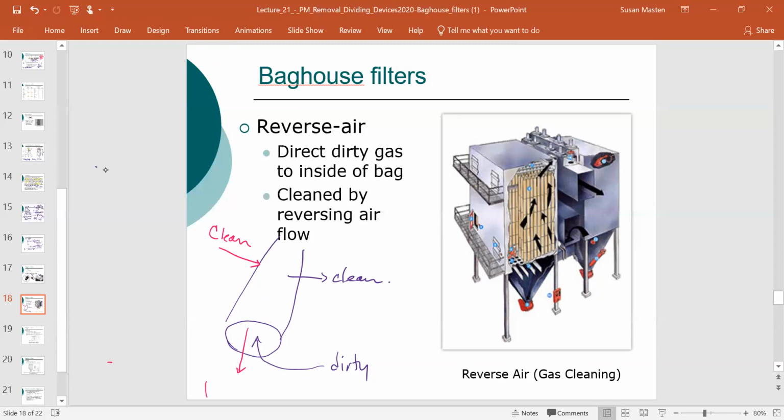Our particulates flow out the bottom, and they're collected typically for disposal. And as I said, generally, the unit is taken offline. So for instance, in the previous, you had 6 compartments. When it's cleaned, 1 compartment is taken offline, it's cleaned, and then the air flows through the other 5 compartments.